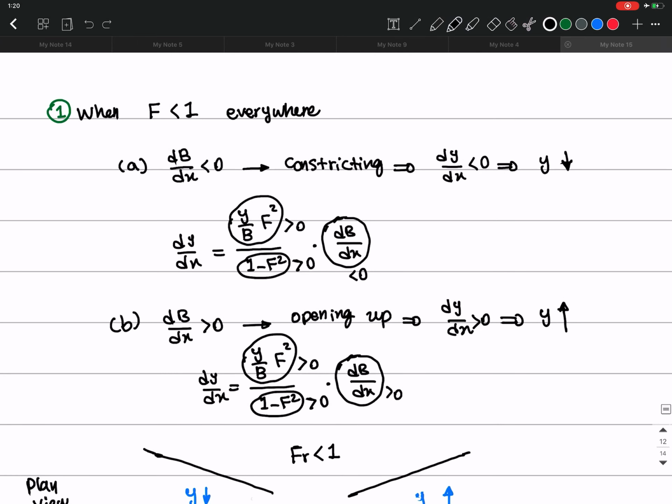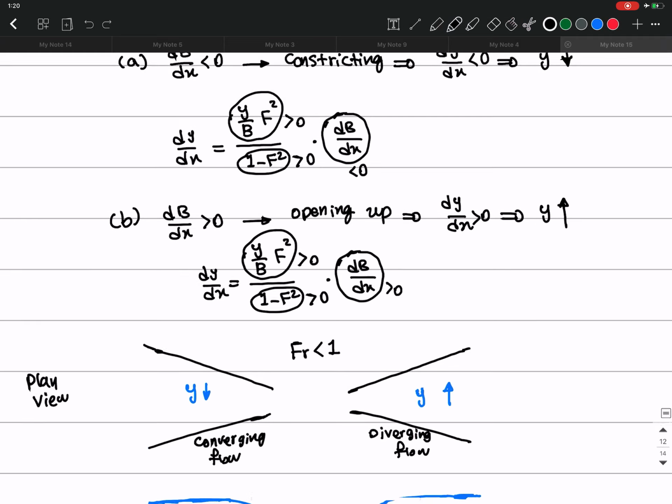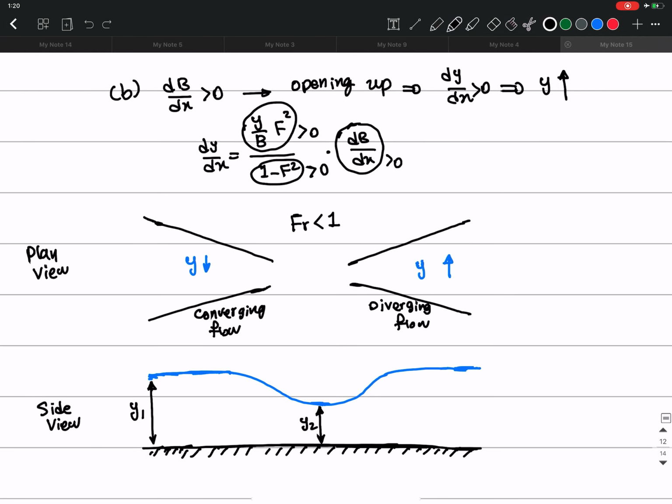Then we investigated this in different conditions. When the flow number is smaller than 1 everywhere, meaning the flow is subcritical everywhere, in a converging flow the width of the channel is decreasing, so the depth of the water has to decrease. When we have a diverging flow, the depth of the water should increase. From the side view, this is how the water profile is going to look.